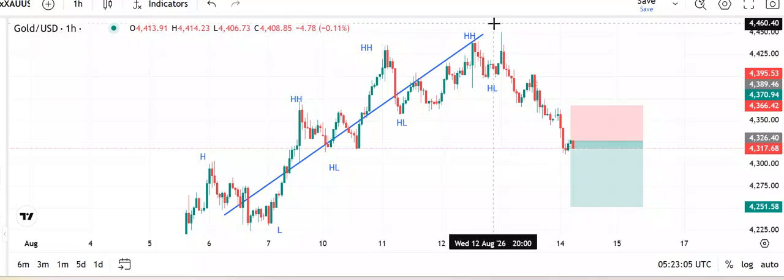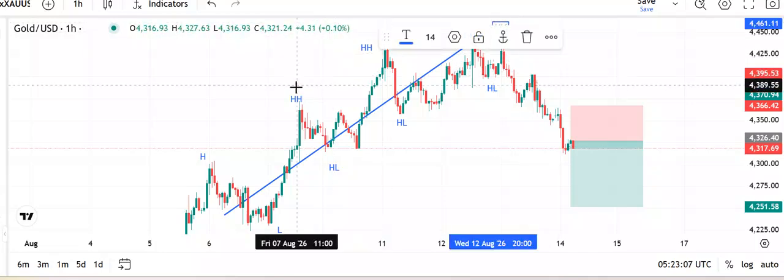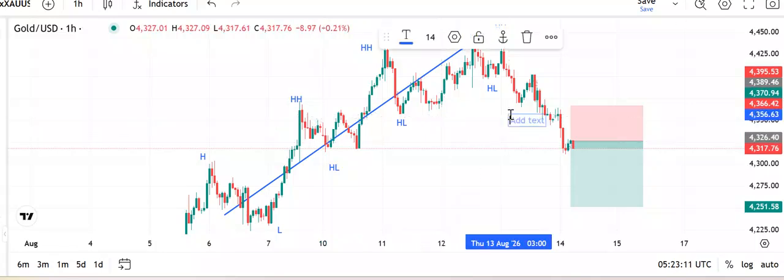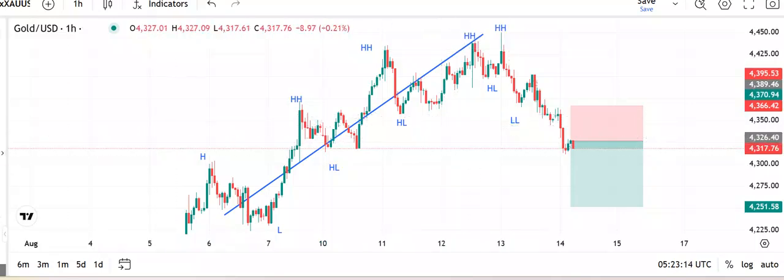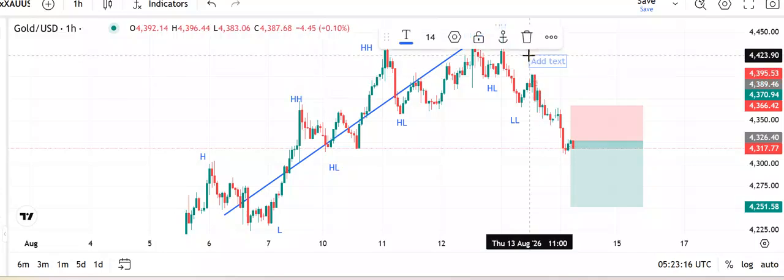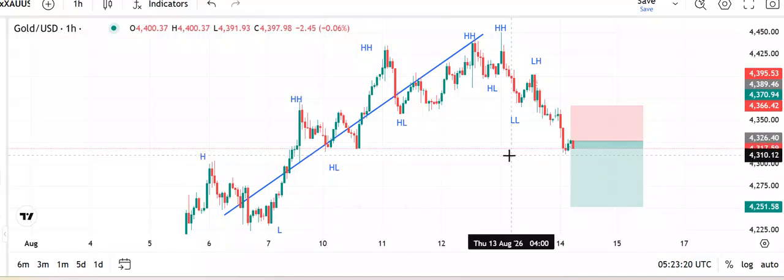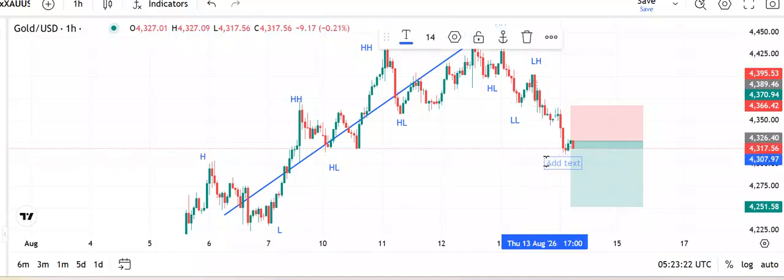And I will take this as higher high. This as lower low. Lower high. And we have lower low.